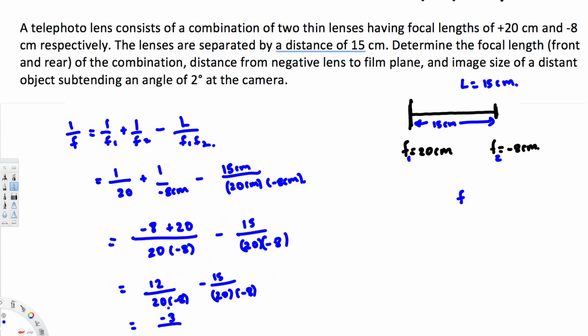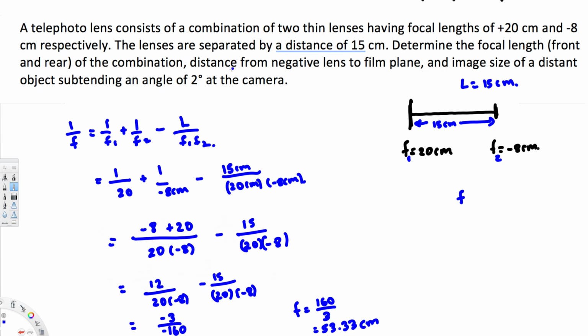Negative 3 over 20 times negative 8, that's negative 160, and this is 1 over f. So f is going to be 160 divided by 3, which is equal to 53.33 centimeter, and this is the combination focal length.